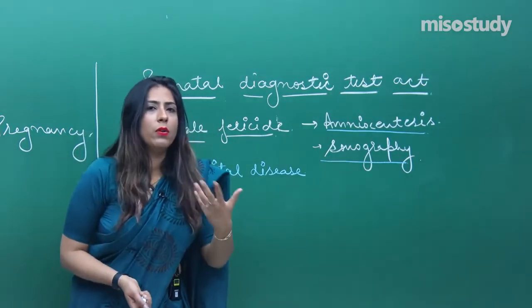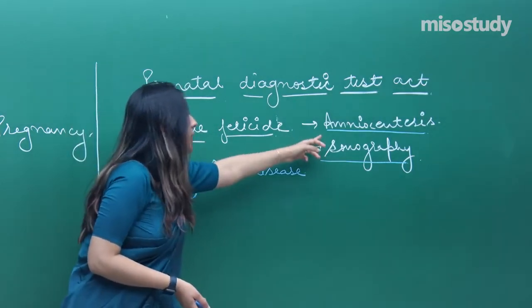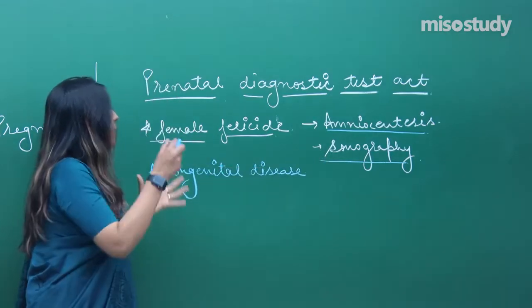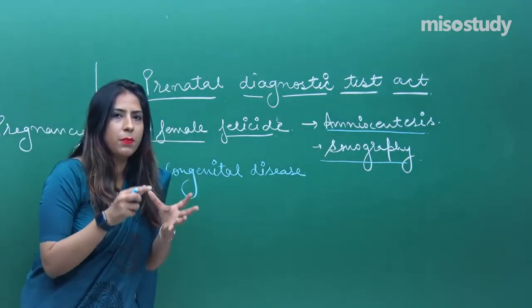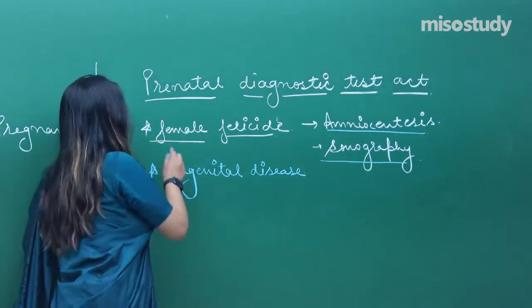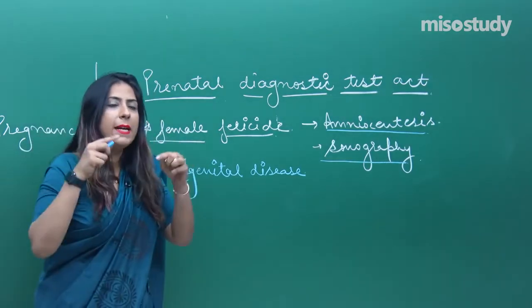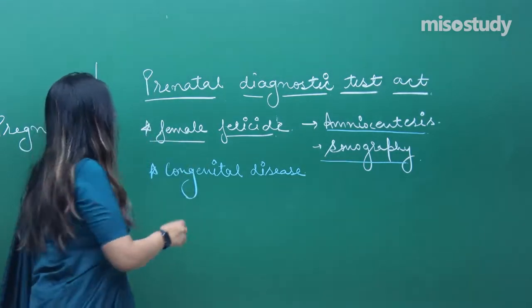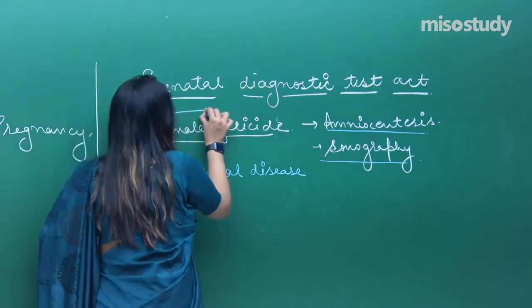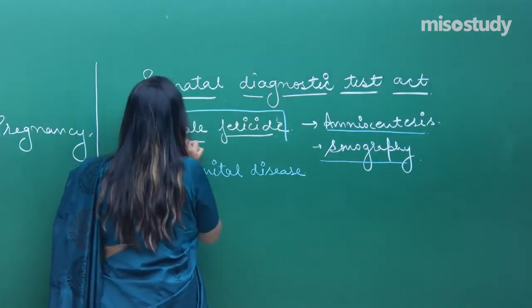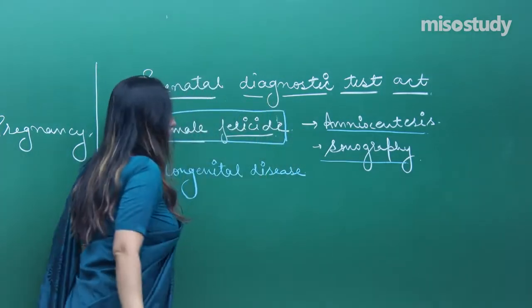But nowadays we are misusing this procedure, and we get to know whether the child is a female or a male. Because of some mental issues in those people, they go for female feticide because they want a male child, a boy, right?